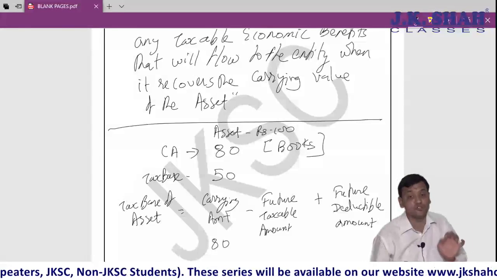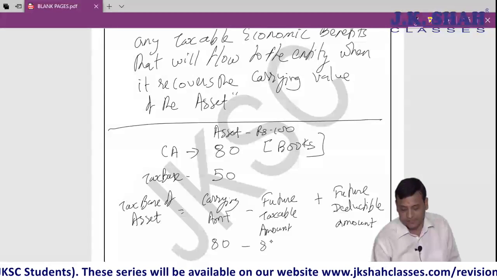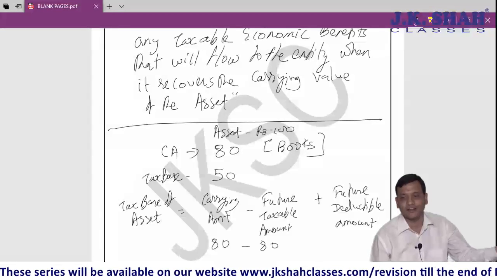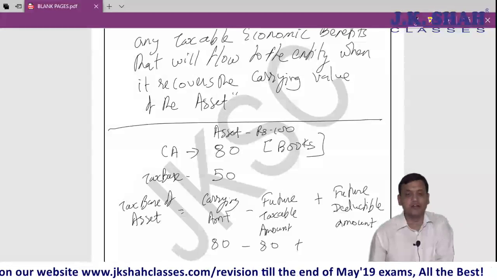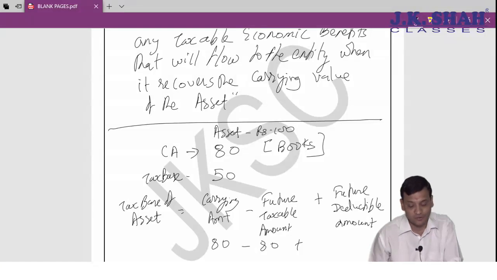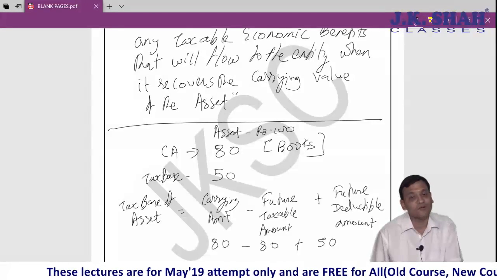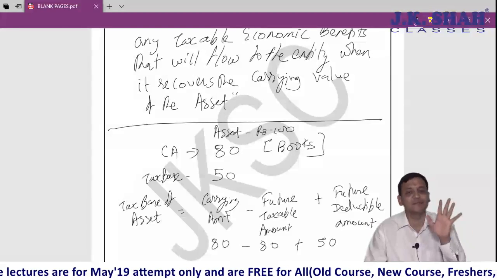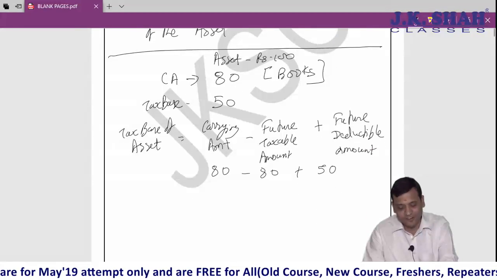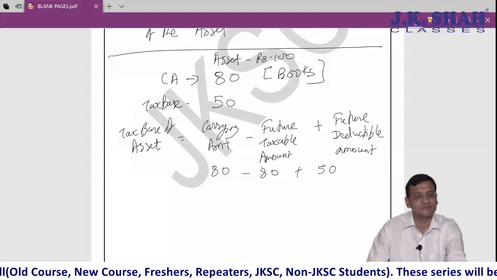What is the future amount? Future mein kitna tax bharna padega? You will say, sir, I will get a benefit of 80 in any case. I am going to get a revenue of 80 plus against which the bare minimum benefit which I have is 80. Future taxable amount will be adjusted as depreciation. That is deductible. How much amount is the depreciation is nothing but 50. I am writing in a different way. What the amount of depreciation that I can charge is only 50.